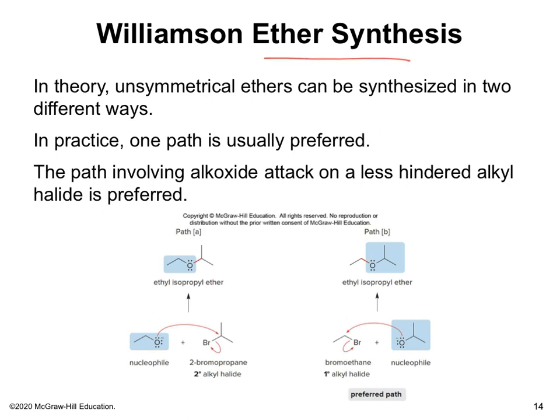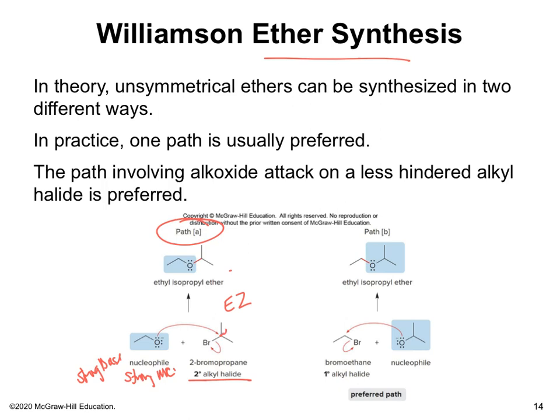Now, why does it need to be a primary? Okay, so we're looking at a primary alkyl halide versus a secondary. Well, if you have a secondary, you would think, well, you could just do this, right? But remember, secondaries with a strong nucleophile can also be strong bases. So the problem is you're going to get a significant amount of E2.